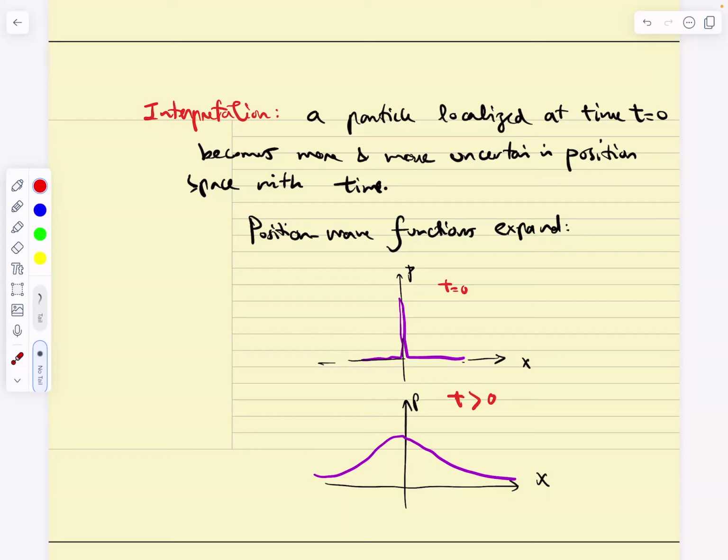You prepared some initial state alpha at time t0, not equal to 0. You look at the overlap with x prime, that's the wave function in position space, and you have to square this thing. This is the time t, right?